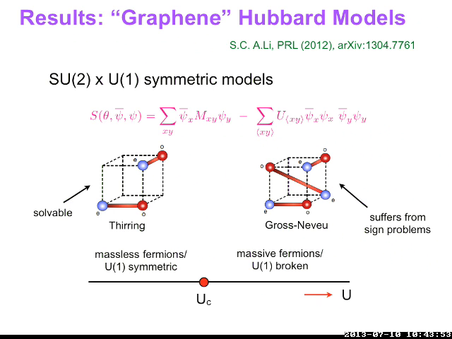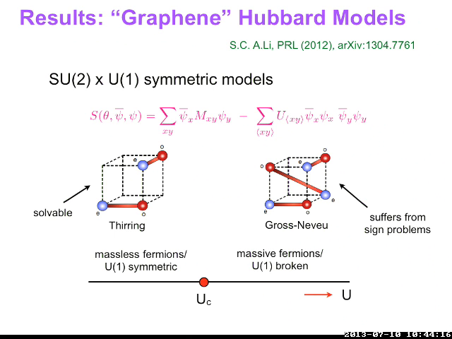All these models are, of course, well known in the literature. They have two different phases. As you crank up U, there is a symmetric phase and there is a broken phase. One of the interesting questions is, can you calculate the critical exponents at this quantum critical point, which separates the two phases?